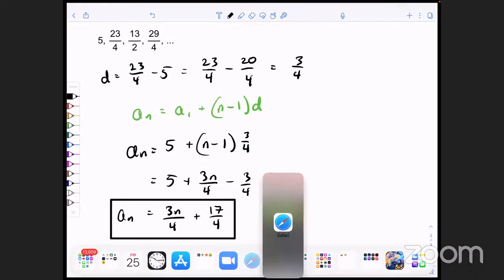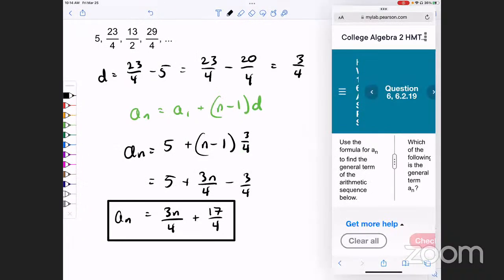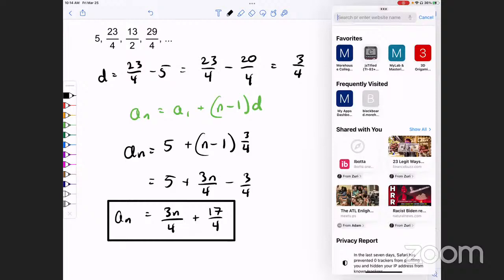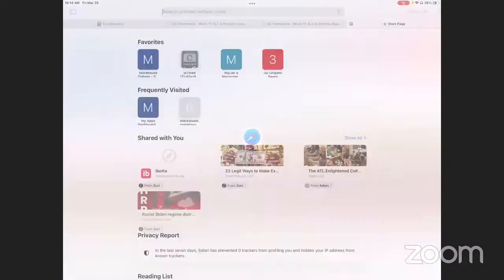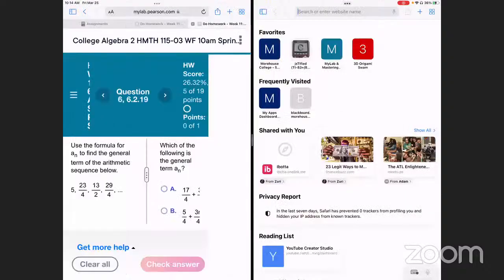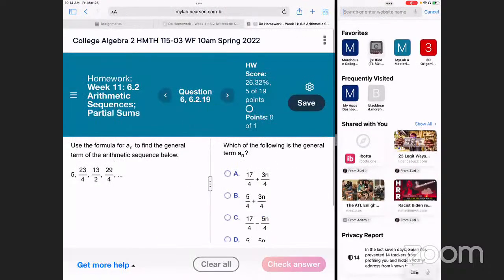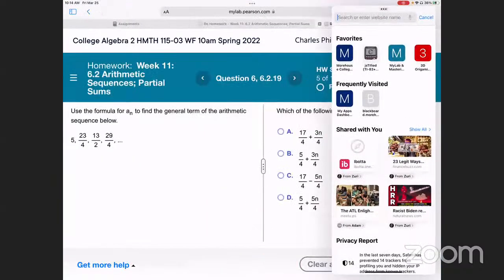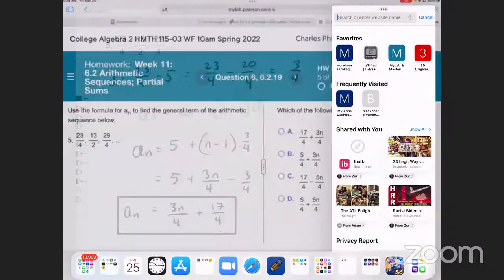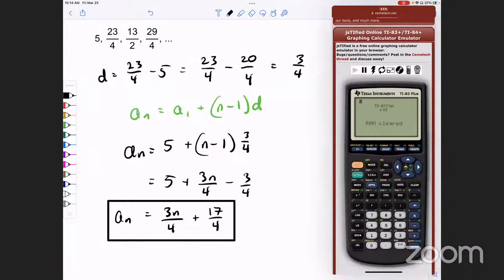I'm going to open up my calculator, go to my y equals, and put this in as a function.